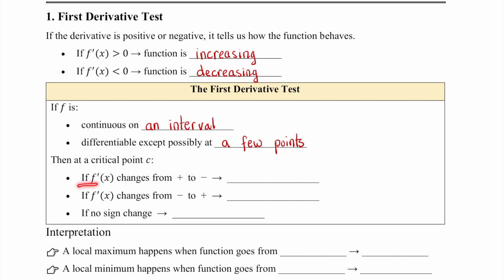If the derivative changes from positive to negative, the function goes from increasing to decreasing. That means we have a local maximum. If the derivative changes from negative to positive, the function goes from decreasing to increasing. That means we have a local minimum.